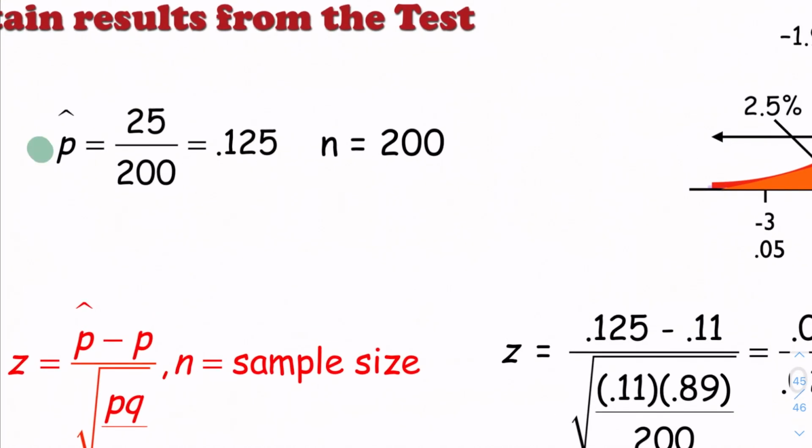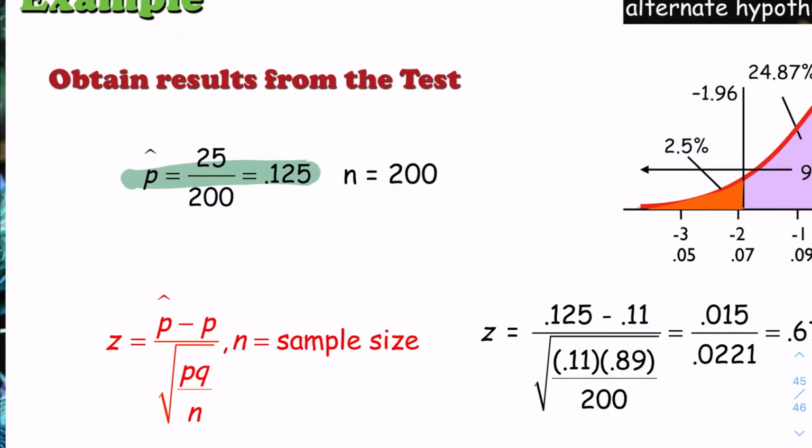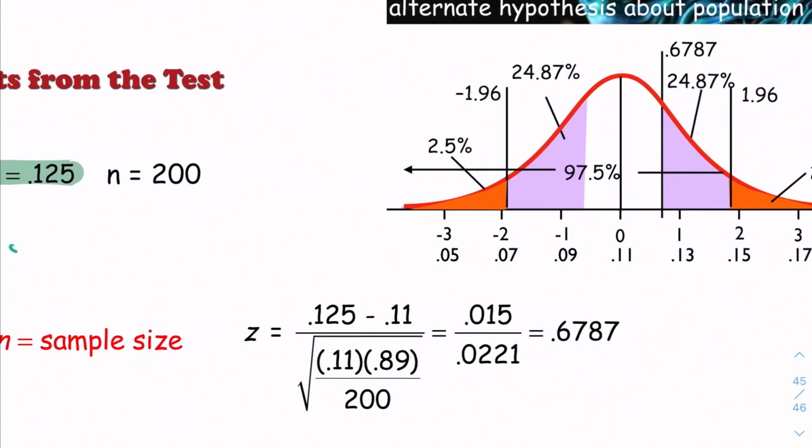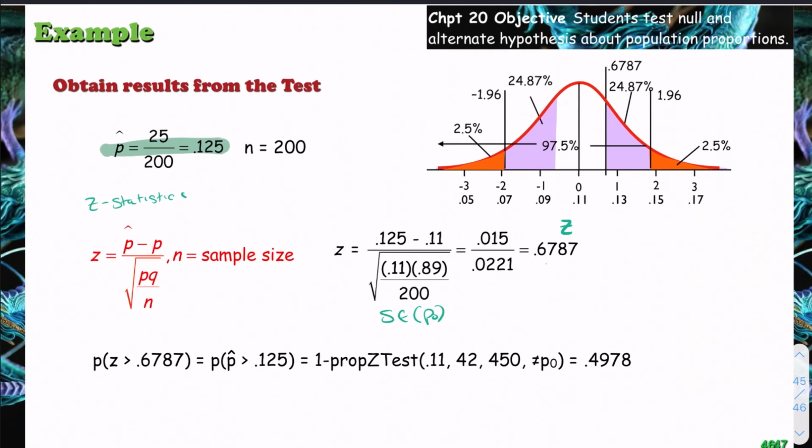We have our sample, and we're going to calculate our z statistic. What is the z-score? P-hat minus p over the square root of pq over n. So 0.125 minus 0.11 over our standard error for our null hypothesis, because we're assuming that that's the center. So we get 0.687, which is what we got from the calculator.